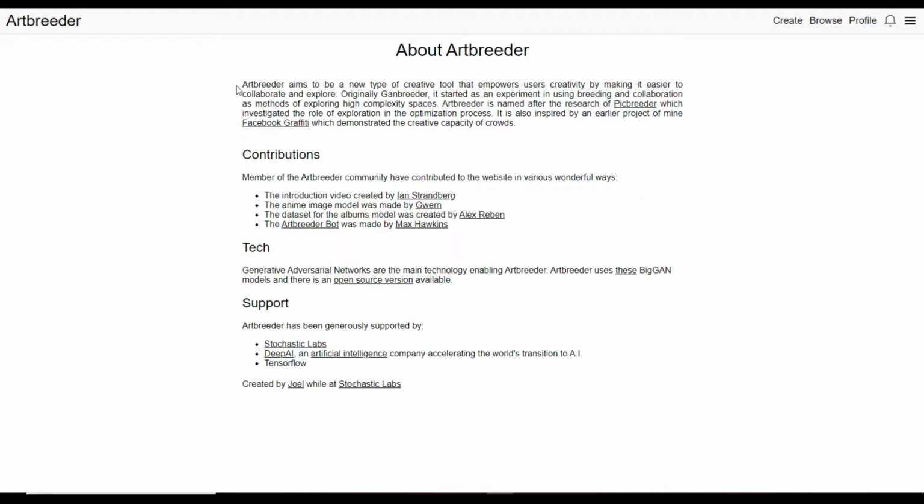Originally GAN Breeder, it started as an experiment in using breeding and collaboration as methods of exploring high complexity spaces. Artbreeder is named after the research of Breeder, which investigated the role of exploration in the optimization process. It is also inspired by an earlier project, Facebook Graffiti, which demonstrated the creative capacity of crowds.